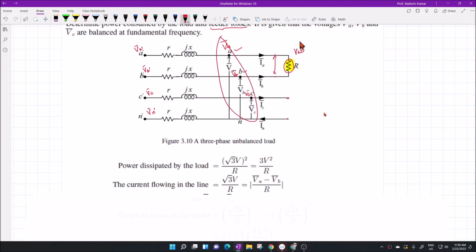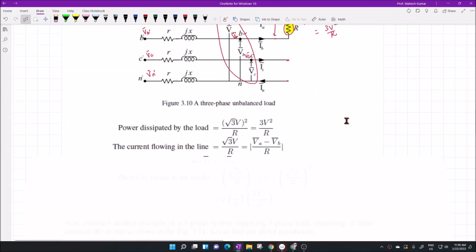So I can say VAB square by R. Since the system is balanced, VAB is root 3 V, so this will be 3V square by R. So the power dissipated by this load will be 3V square by R, and this is nothing but the output power P0. This much power is supplied to the load.